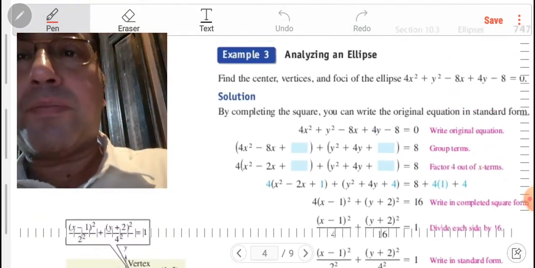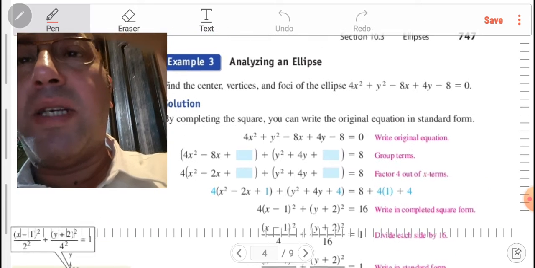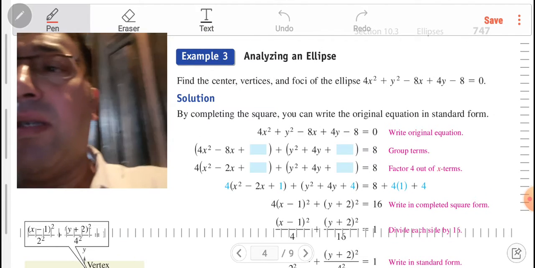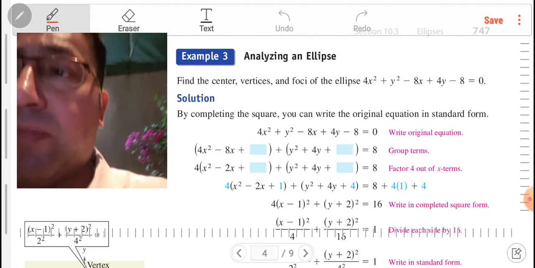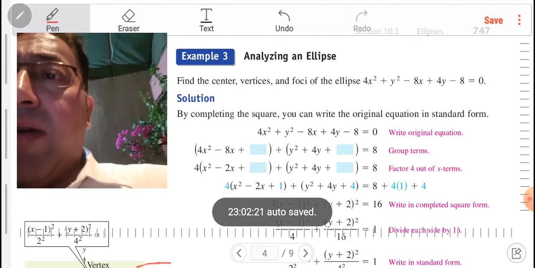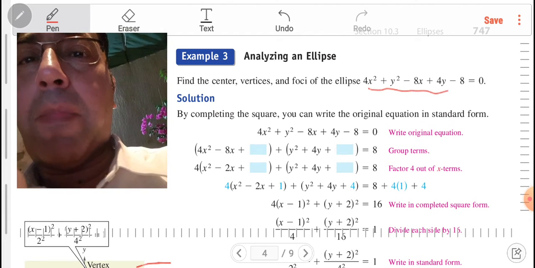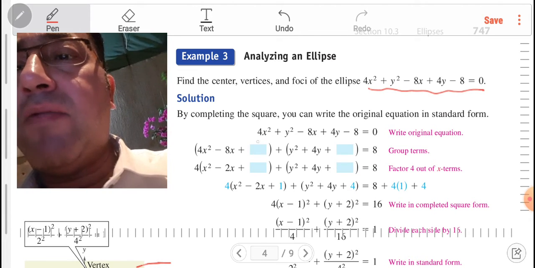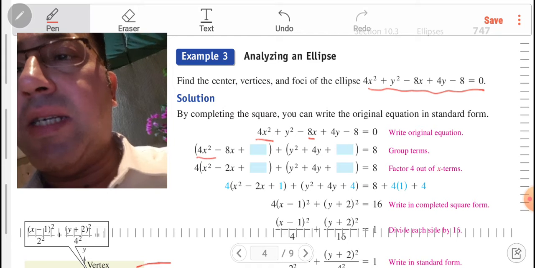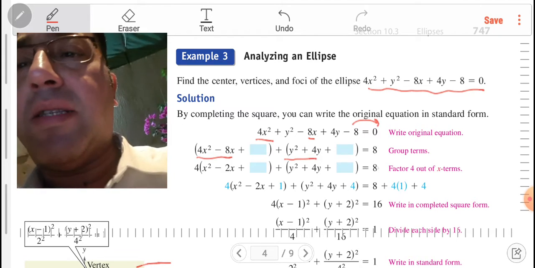Another one, the same style. How to rewrite the ellipse equation into standard form, and now find the center, vertices, and foci for this ellipse. Write x squared minus 8x here, y squared plus 4y here, and 8 on the other hand side.